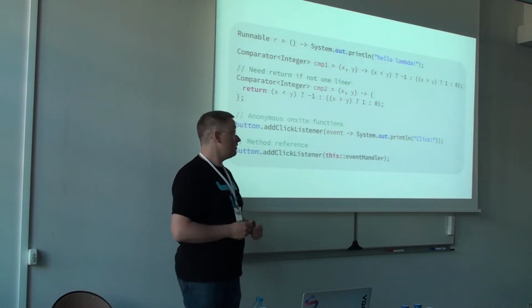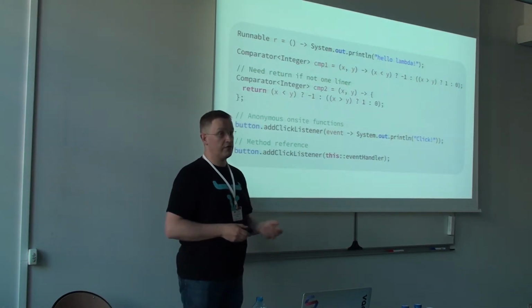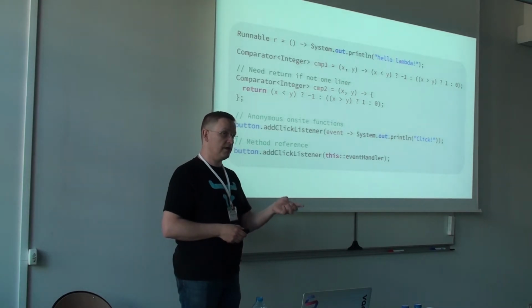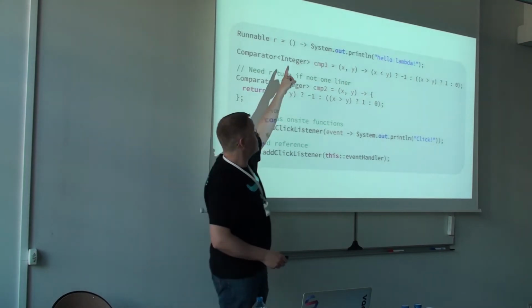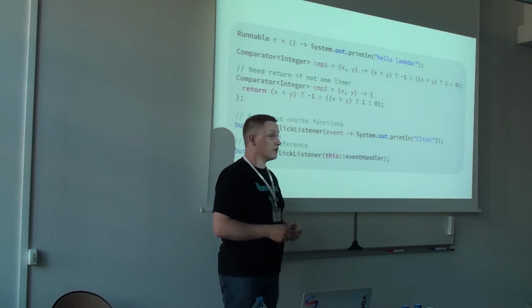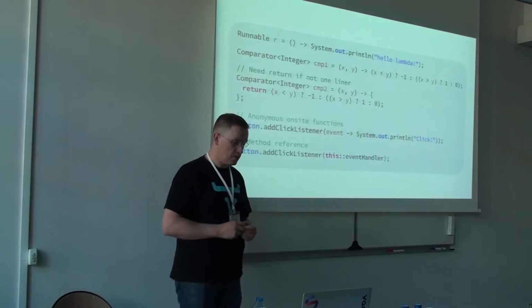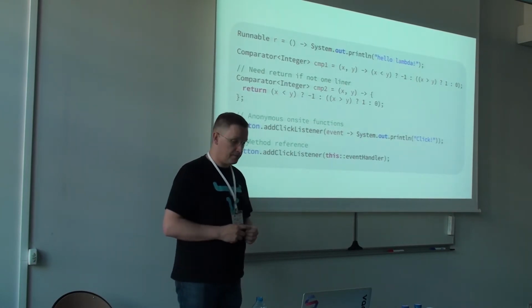For example, in the Runnable case, the compiler knows what the single method in the interface is. It knows it doesn't take parameters, so this is fine. It doesn't return anything, so println is fine. Simplifies the code quite a bit.